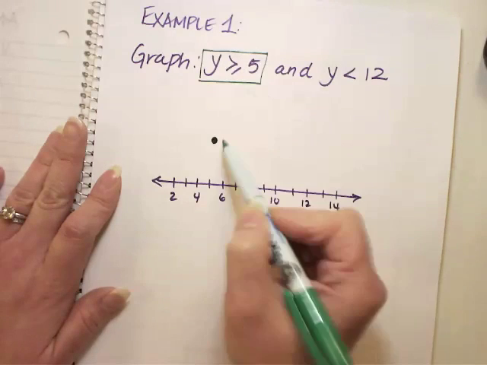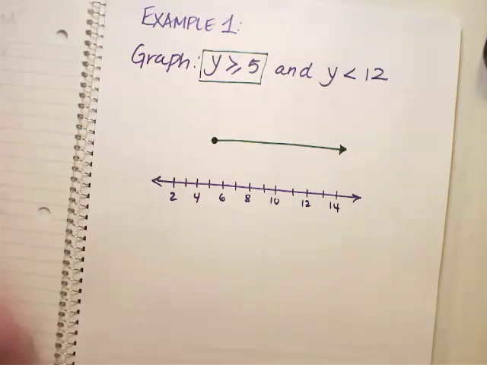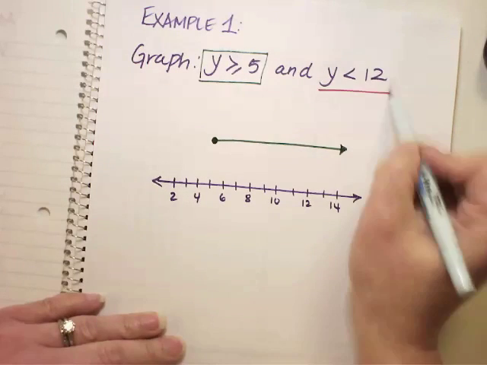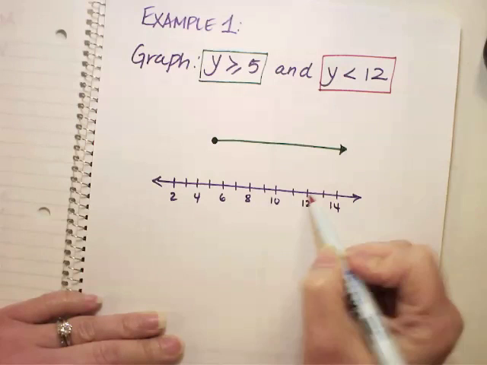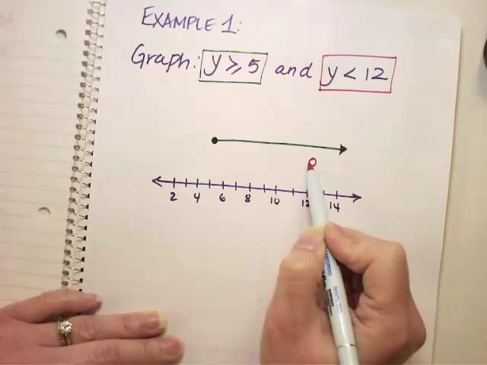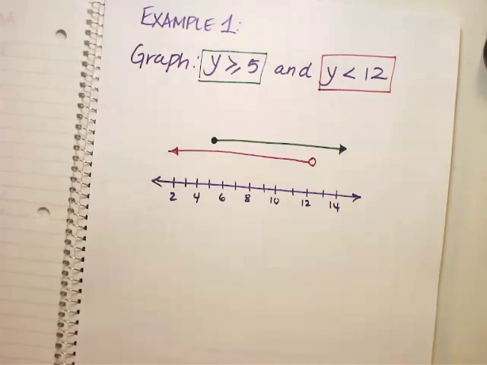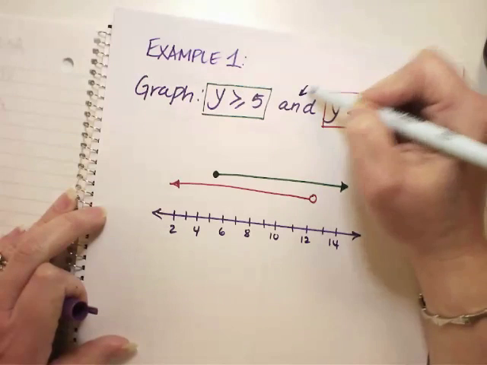And it's greater than, which means I shade to the right because all these numbers are bigger than 5. Next, I'm going to graph y is less than 12 in red. Less than 12, so here's my 12, open circle because it cannot include 12. Less than will go to the left, so those are all my numbers that are less than 12. Now, this is where the word and comes in. And means overlap.